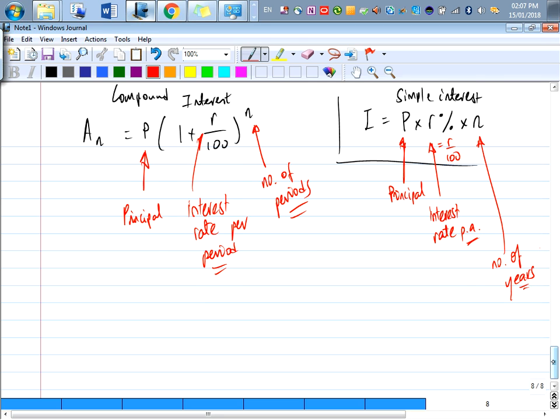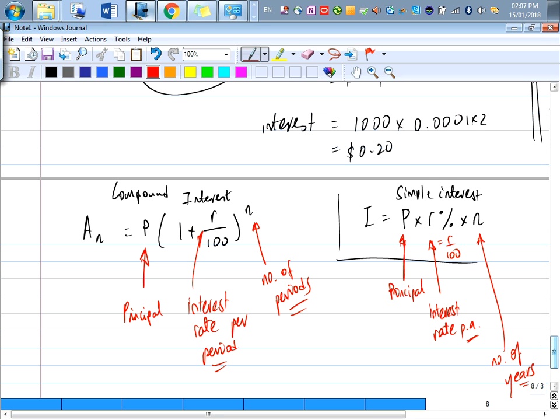Okay, now, in our simple interest, the simpler one, after I do this calculation, I get an interest, right? But in my compound interest formula, this AN is not the compound interest. This is the total amount. Okay?